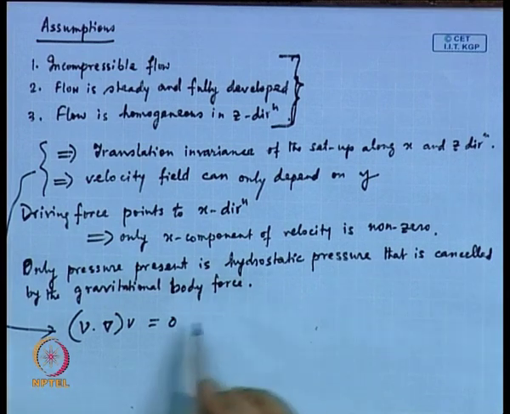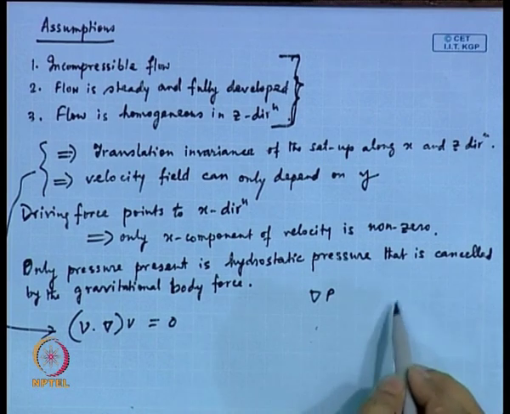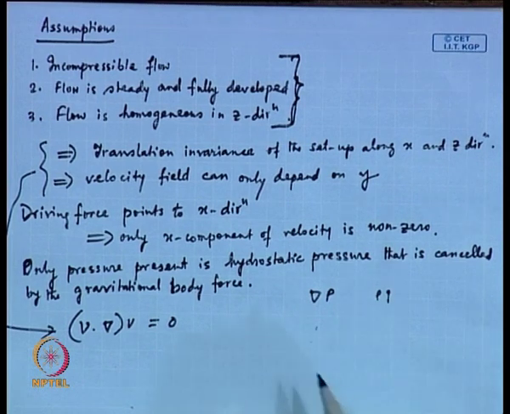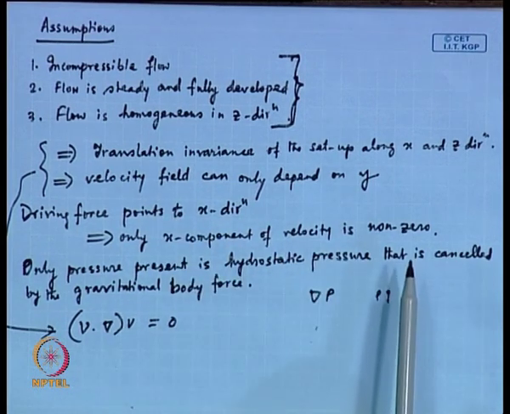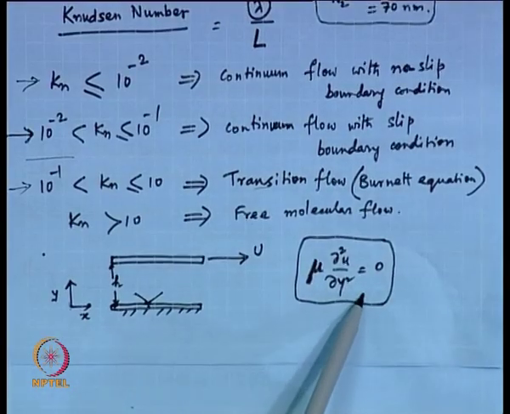This is the only pressure present. So, delta p and that body force term rho g are cancelling out in the Navier-Stokes equation. The other terms are gone because the velocity field only depends on y, and only the x component of velocity is non-zero. So, what will you have? You will end up with this expression.